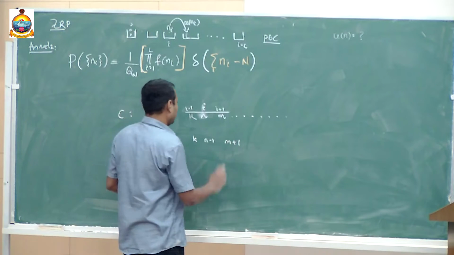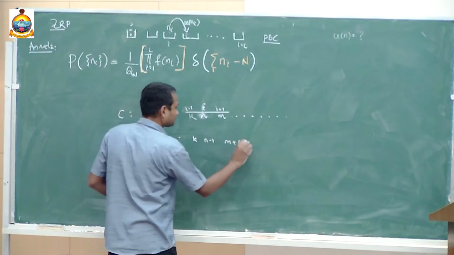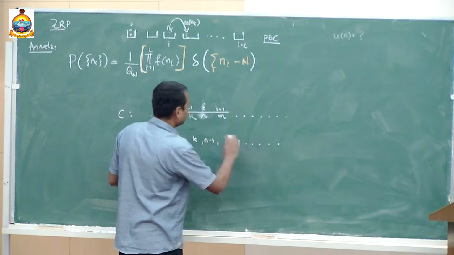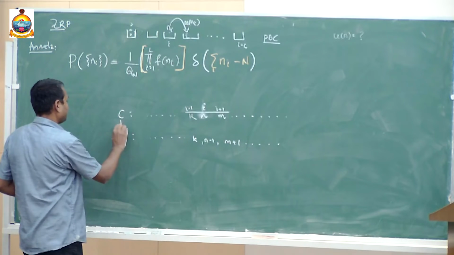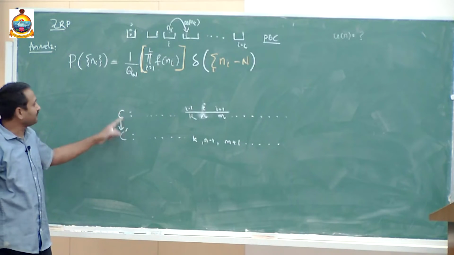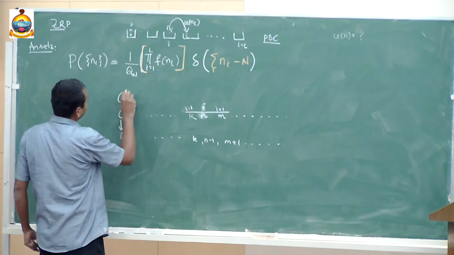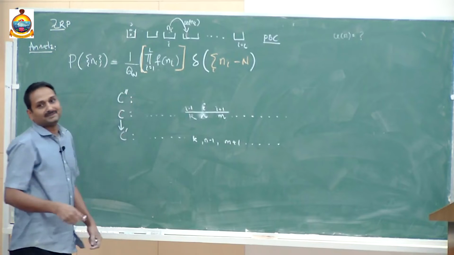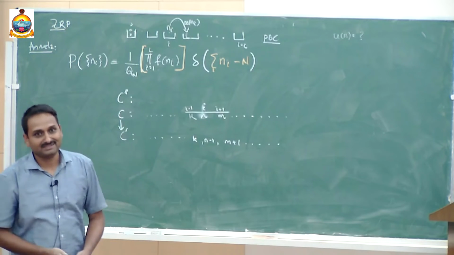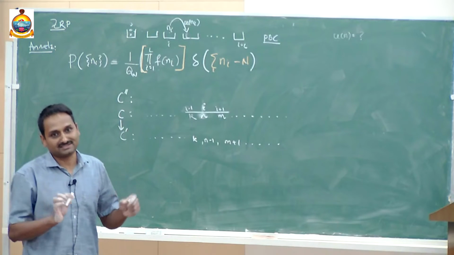So n minus 1 and m plus 1. These are your new configuration. C goes to C prime. For every such transition, you have to find a C double prime. I will give you that, and we'll try whether it works.